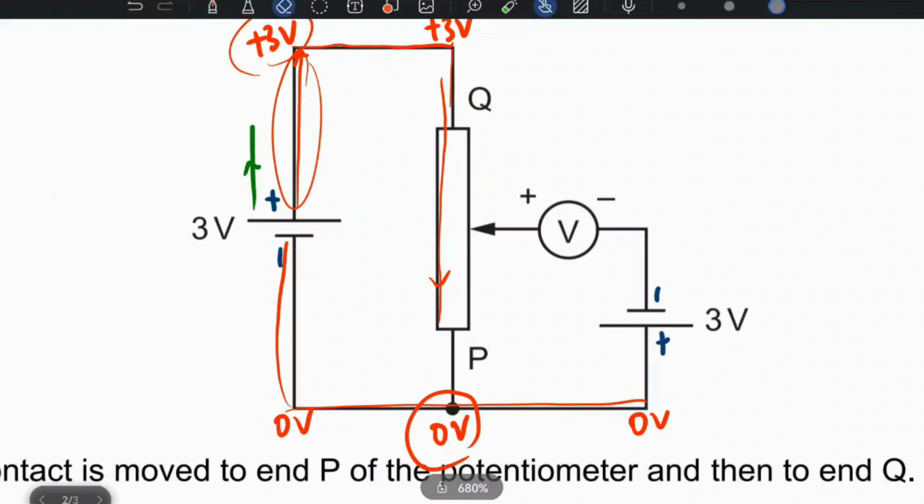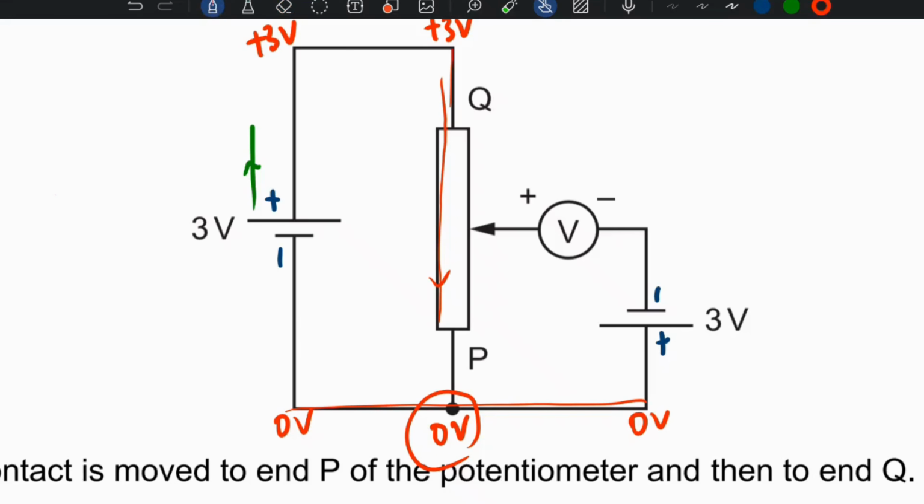I want to explain about this positive 3 volts part, which I'll explain further later, but this is just a preview for you first. Negative potential is what people call lower potential, and positive is higher potential.